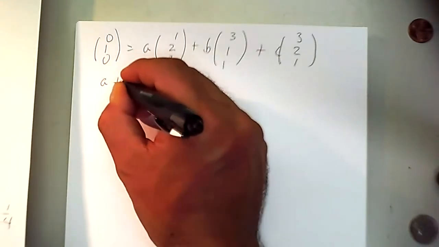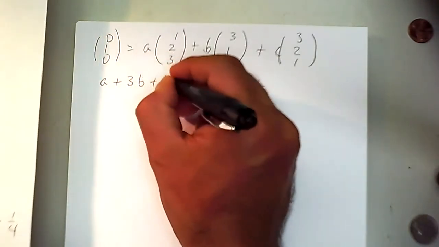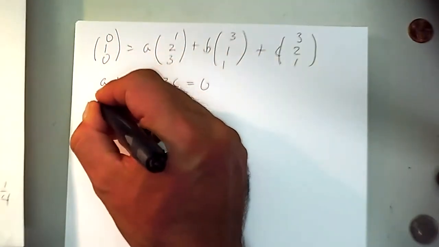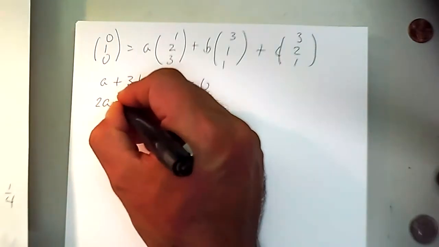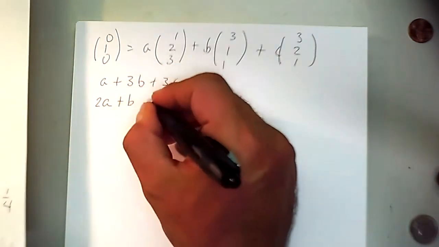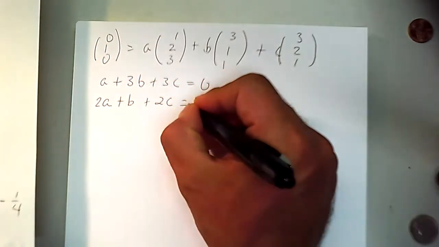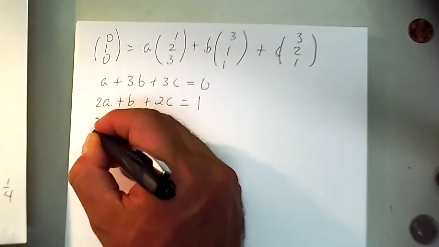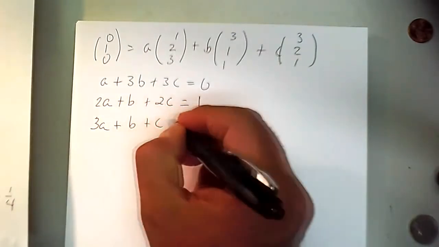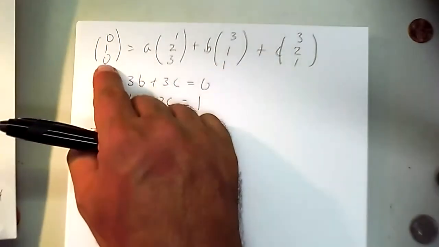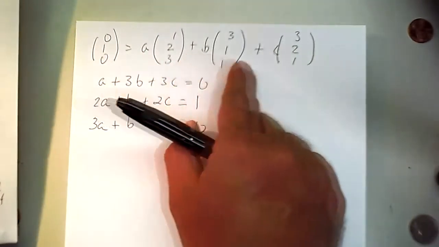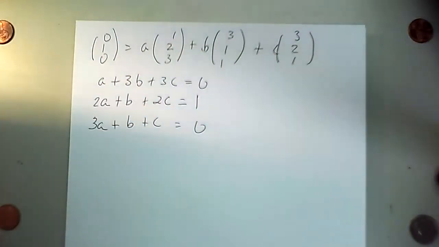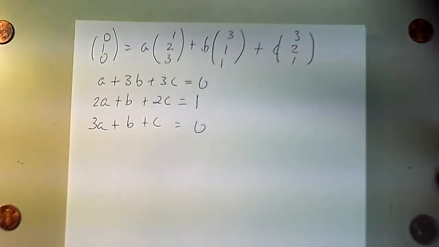A plus 3B plus 3C equals 0 this time. 2A plus B plus 2C equaling 1. And 3A plus 1B plus 1C equaling 0. And we want to solve this system of equations.